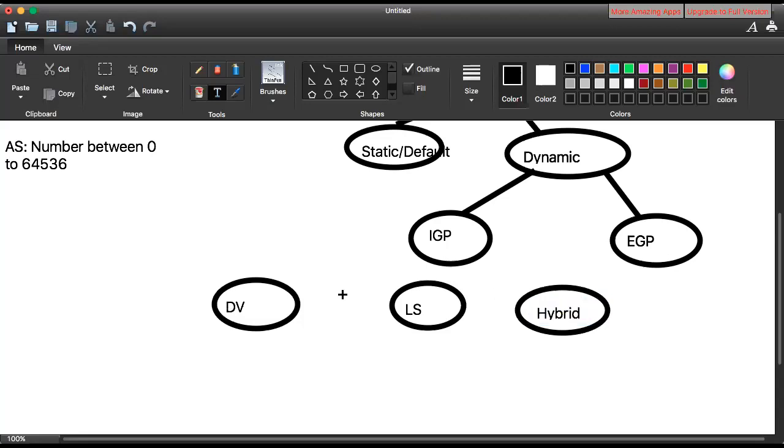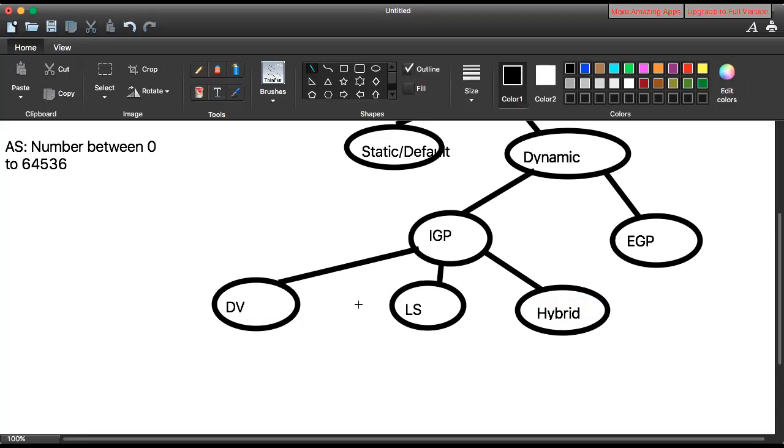These are the three different flavors. When we say flavors, is it the actual protocol? No. This basically shows how the advertisement happens, meaning what is the behavior of selecting the best path.